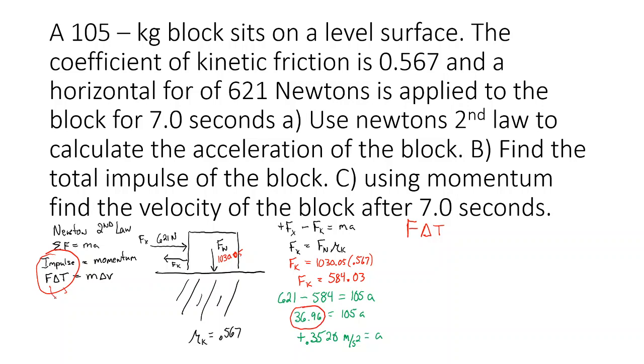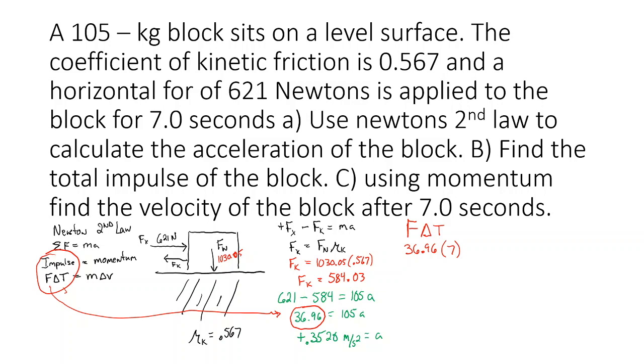Just so you know, the net force is 36.96 times the change in time. That's how this problem is different from stuff that we've done earlier this year, because we're looking at the net force. A lot of the problems we used already had a frictionless surface. So this kind of changes things.